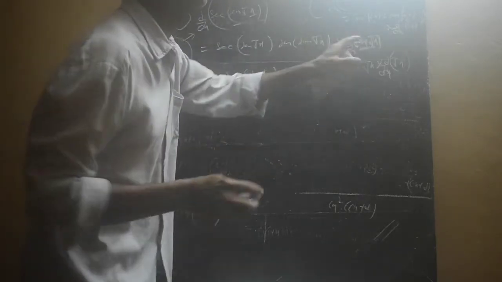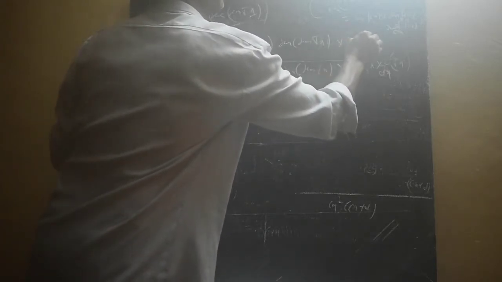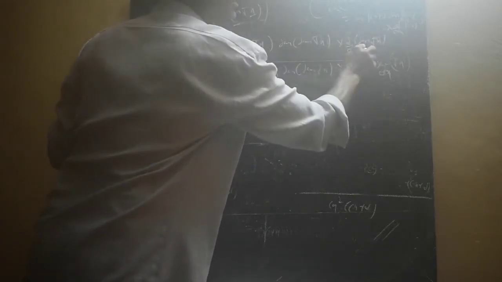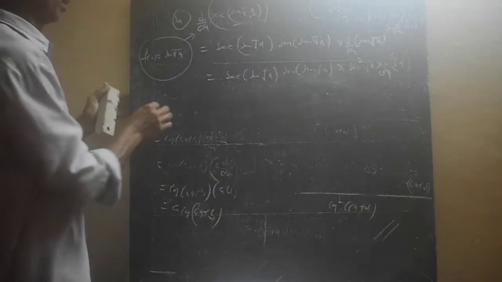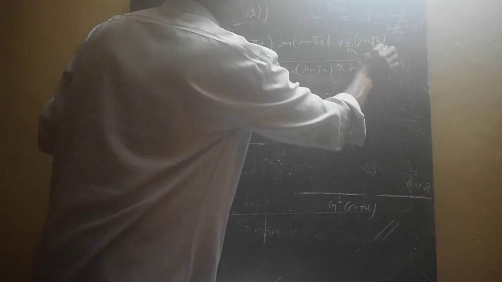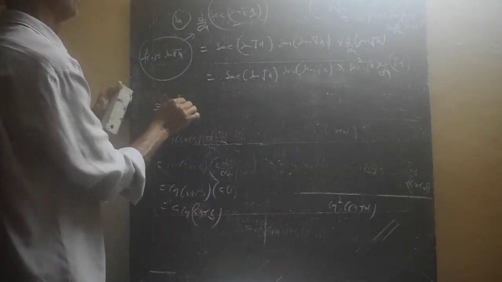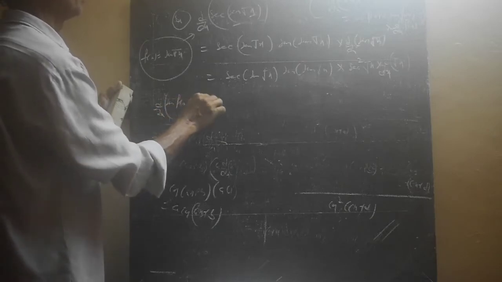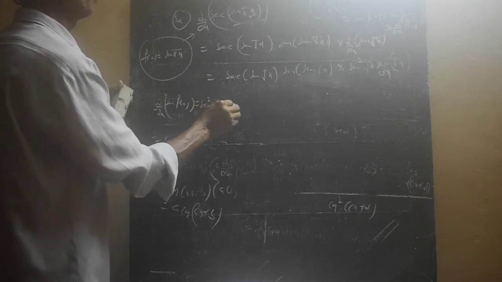Tan x is not there, so along with this, something additional is there. Therefore, it is tan f of x, and f of x here is root x. D by dx of tan f of x is sec square f of x into d by dx of f of x.